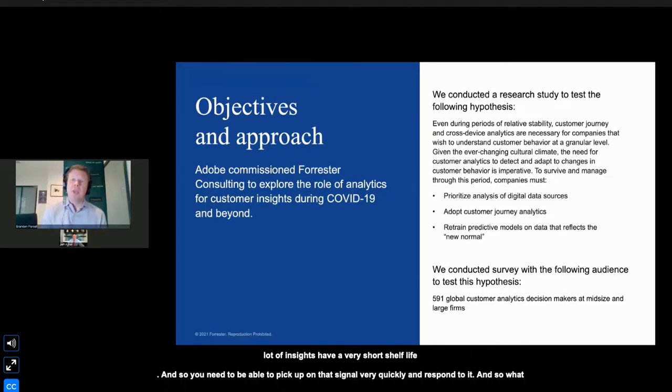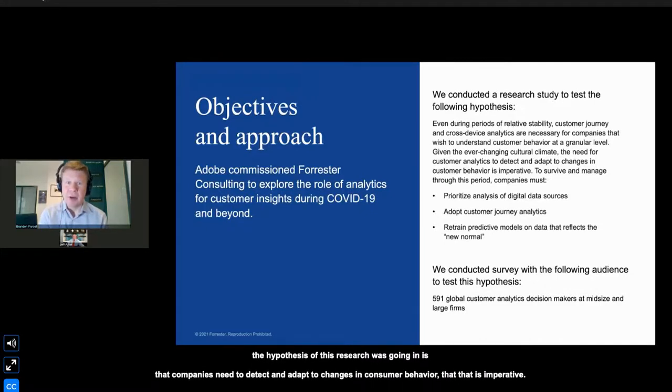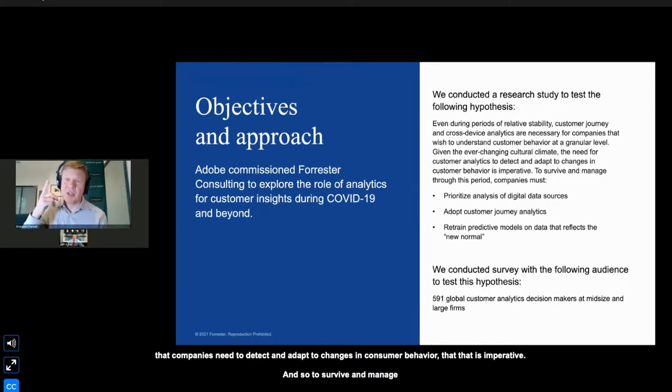And so the hypothesis of this research going in is that companies need to detect and adapt to changes in consumer behavior. That is imperative. And so to survive and manage through this period, companies must, one, prioritize the analysis of digital data sources.